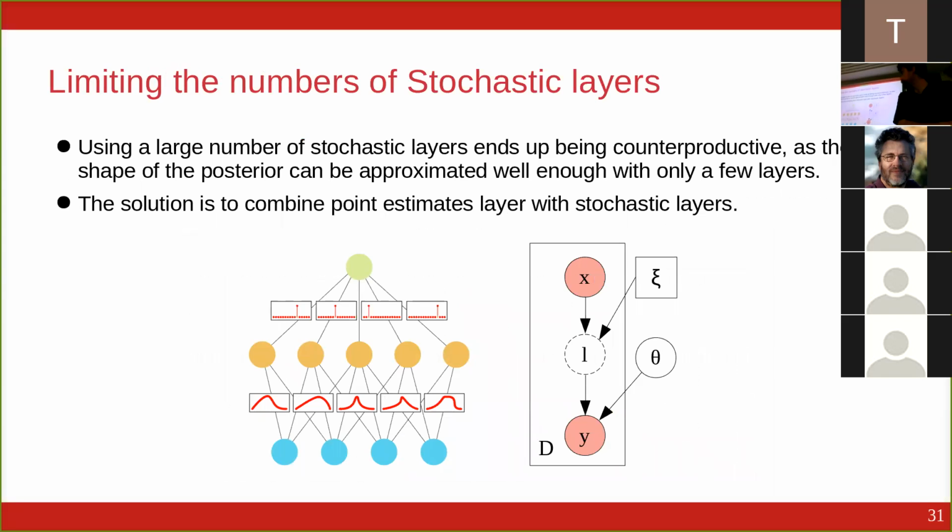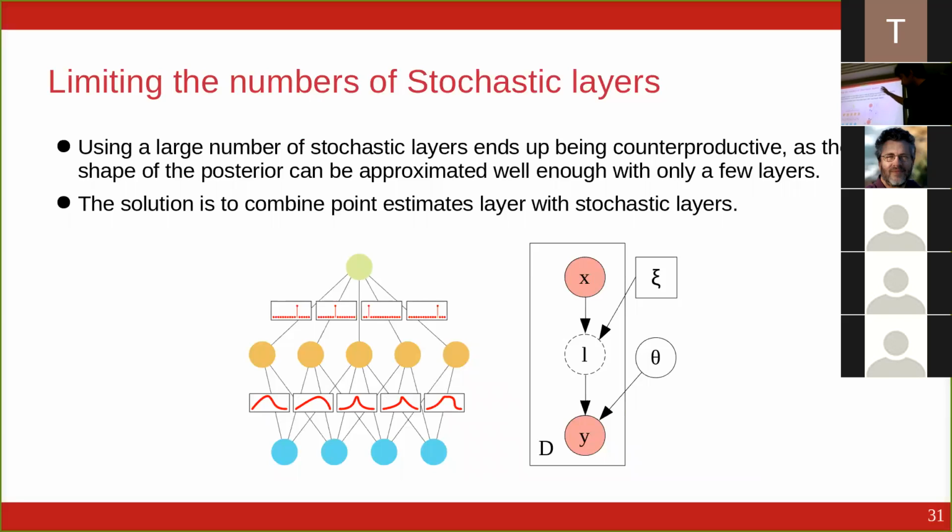Another thing you can do, as I said, is limit the number of stochastic layers. Why? Because the idea of deep learning is that you learn a transformation that allows you to learn a linear transformation to fit your data. And you can just have the uncertainty on the final layers, one, two, maybe three of them.